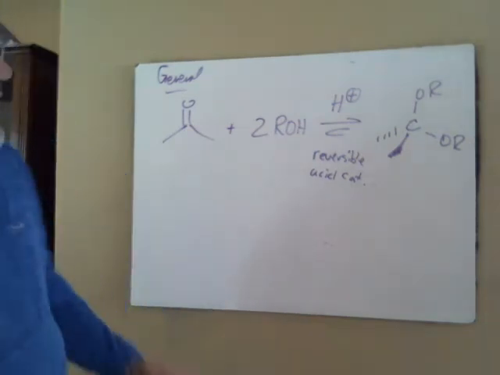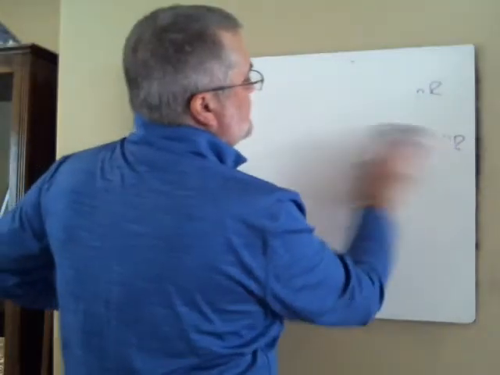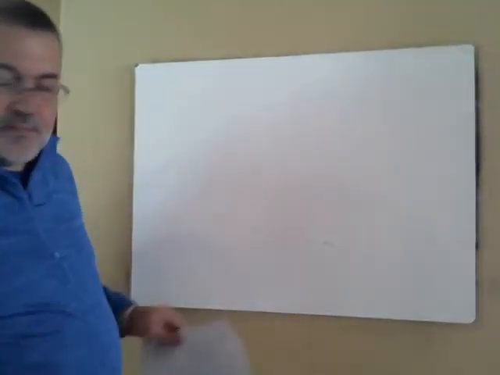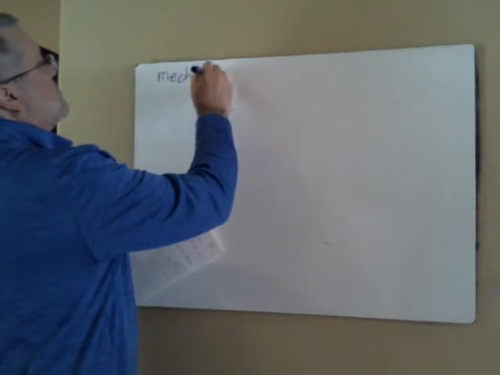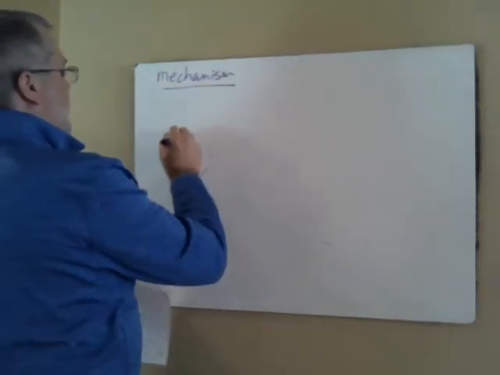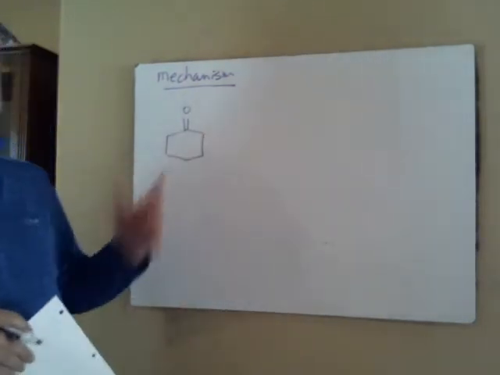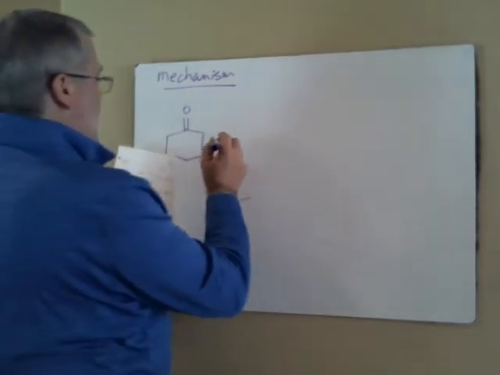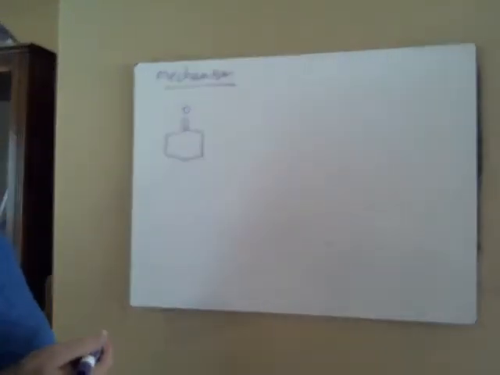So how is this going to happen mechanistically? Let's use a cyclic ketone, let's change things up. We'll use this ketone as our example, and I'm going to react it with, let's say, methanol.